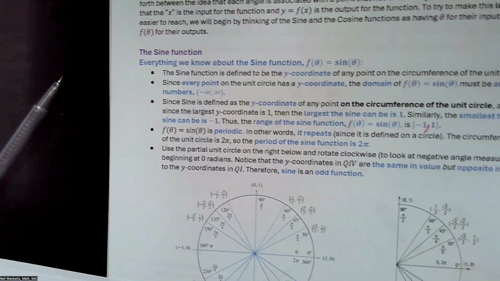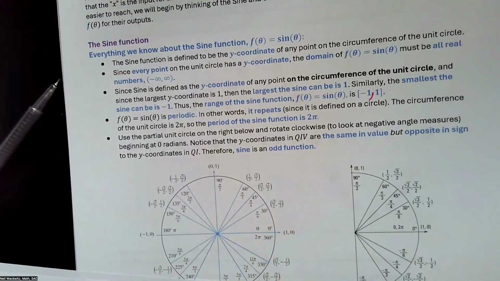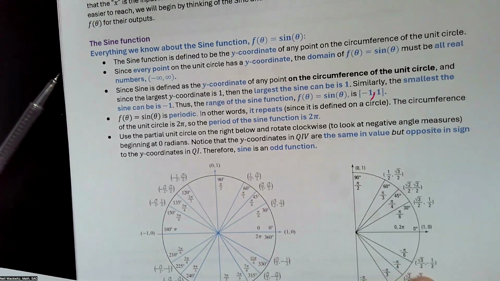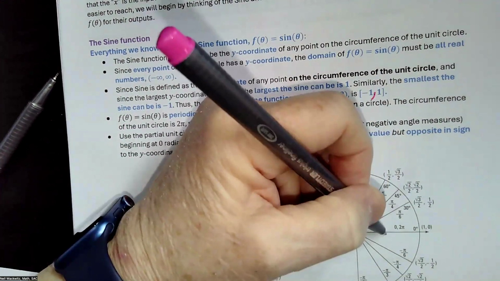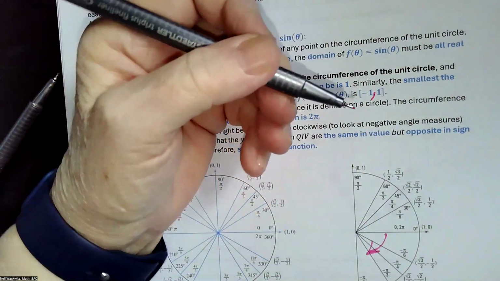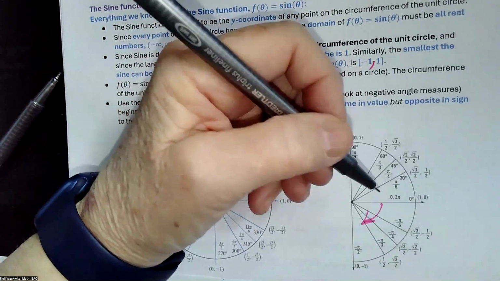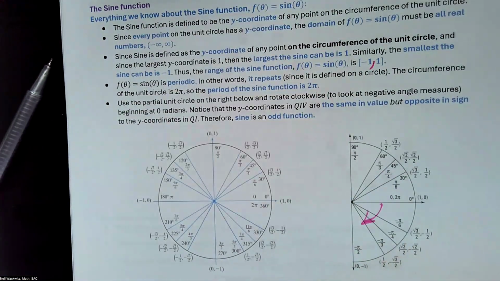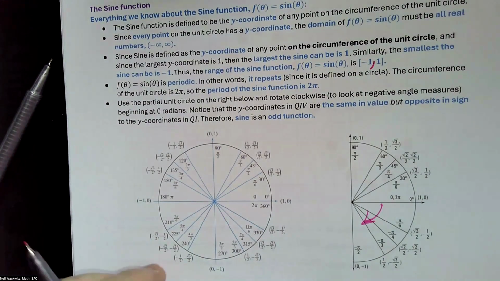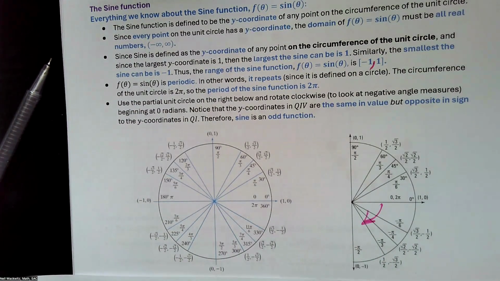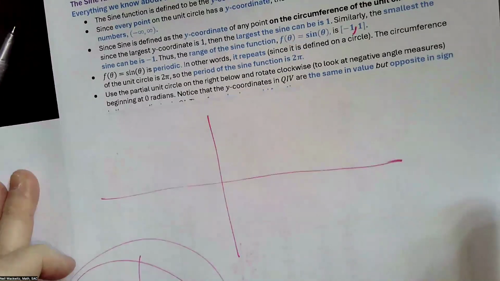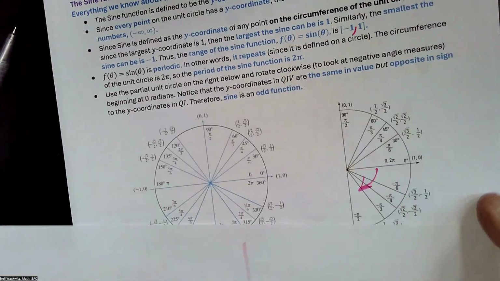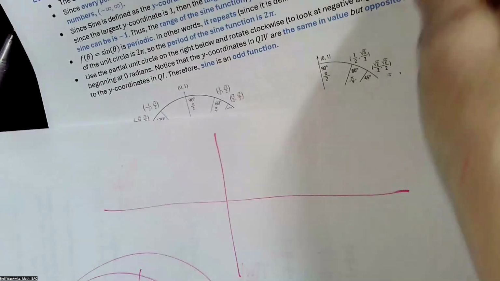The reason why I have the partial unit circle here on the right is that this is angles measured in the negative direction. So I'm going to start out making coordinate axes.